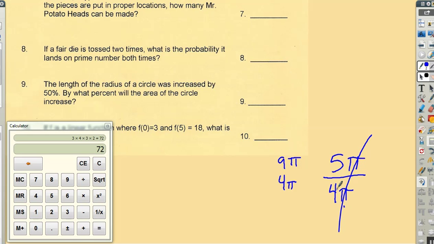Well, 5/4 is wonderful, except we want a percent. So what is 5/4 as a decimal? 5/4 as a decimal is 1.25. And what is 1.25 as a percent? You just slide the decimal over 2.